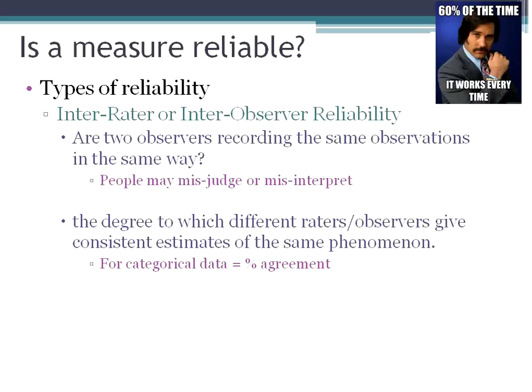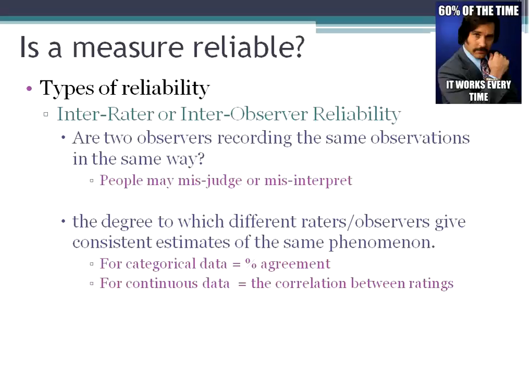So if I'm having people look at photographs and I want them to identify whether the person is male or female, we would mark it as a 1 if they agree and a 0 if they disagree. And then we would calculate the percentage of agreement. Out of 200 photos, how many of them did they agree on? And if we had good inter-observer reliability, we would expect a high percentage, 95% agreement, 98% agreement, something like that.